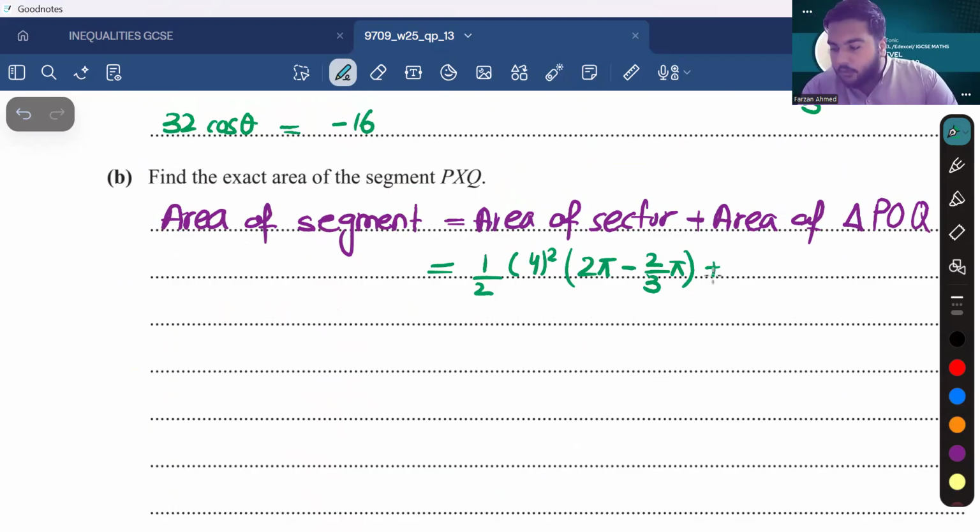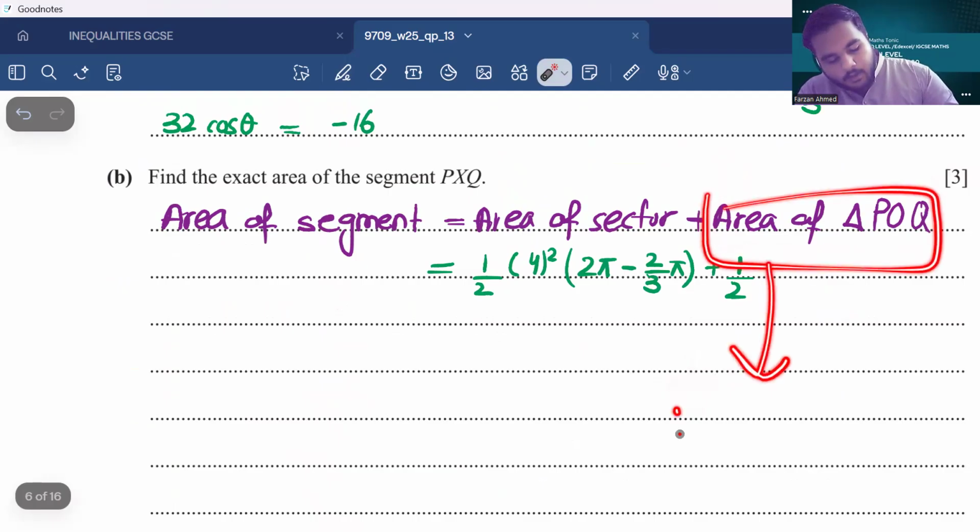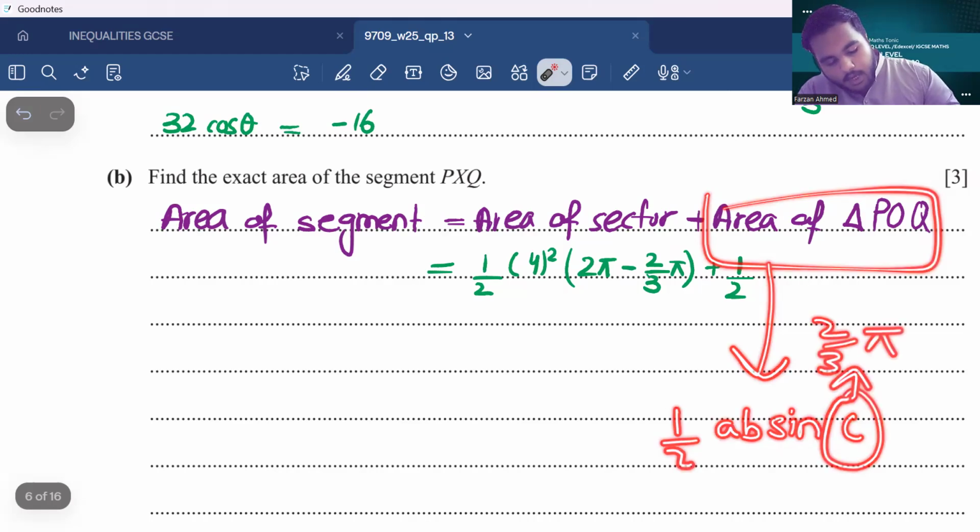Plus, for the area of triangle formula, we will be using 1 upon 2 ab sine C. So the formula for area of triangle will be 1 upon 2 into a into b into sine C. For sine C, we will be using 2 upon 3 pi.